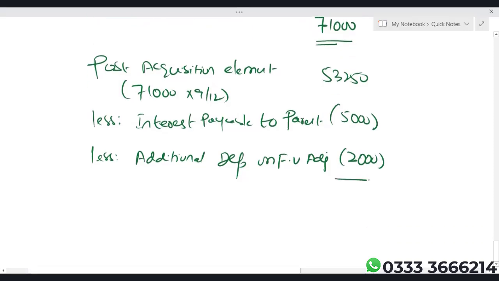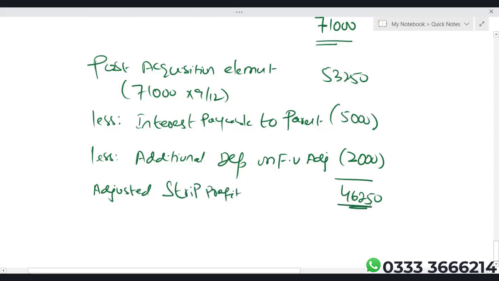So 53,250 minus 5,000 minus 2,000 gives us 46,250. So it means adjusted strip profit.